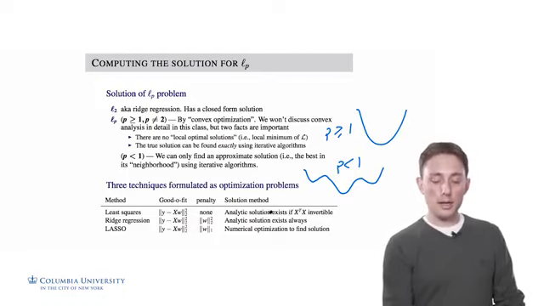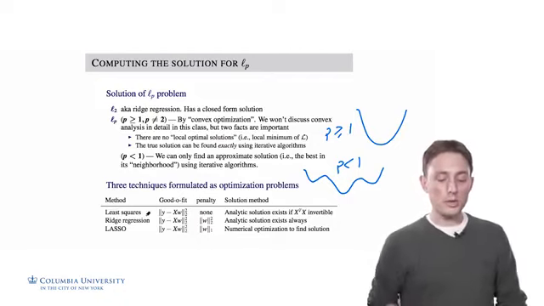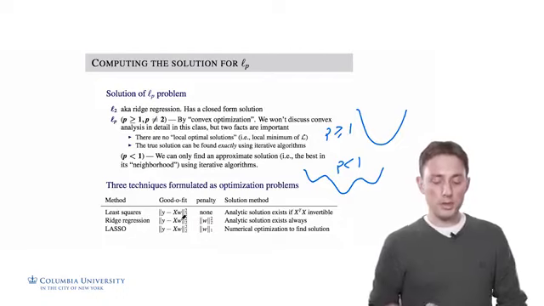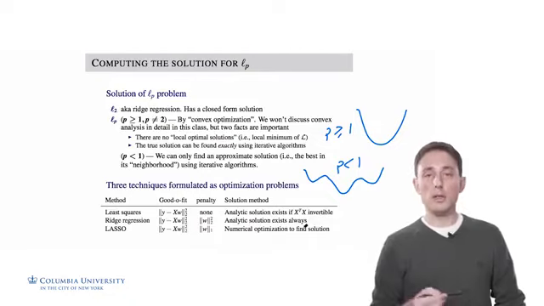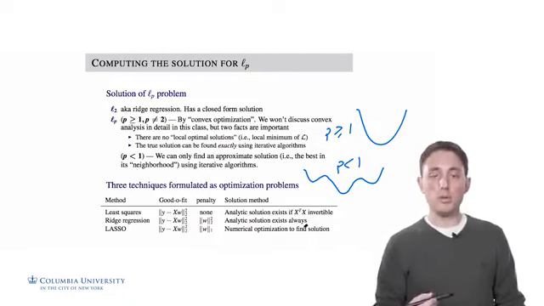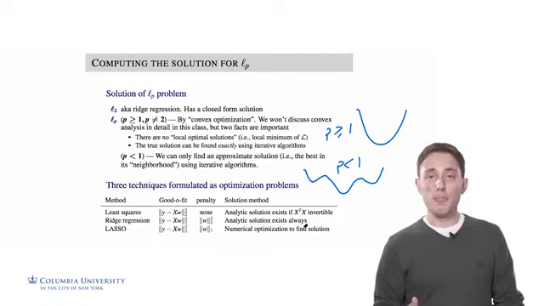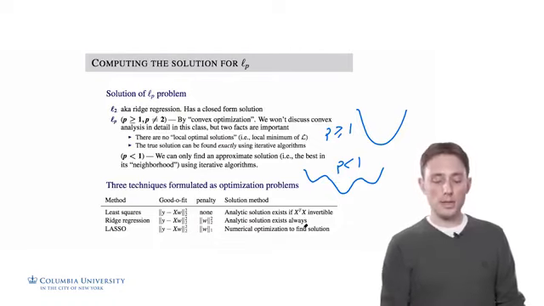We saw that an analytic solution to this problem exists only if X transpose X is invertible. We discussed ridge regression, which has the same goodness of fit term and a squared norm penalty. We saw how we can solve this, the minimum for W, analytically in all cases, as long as our regularization parameter lambda is greater than 0.